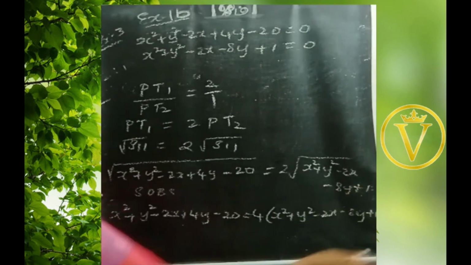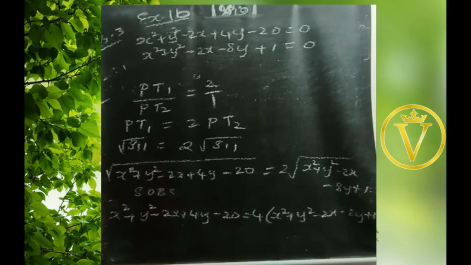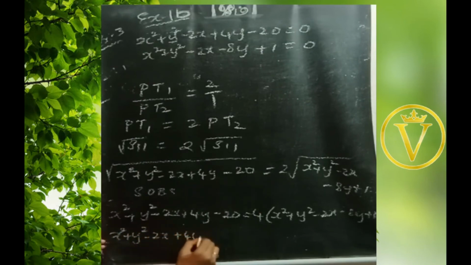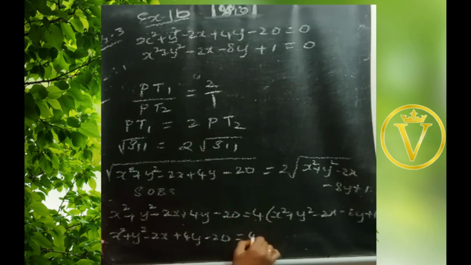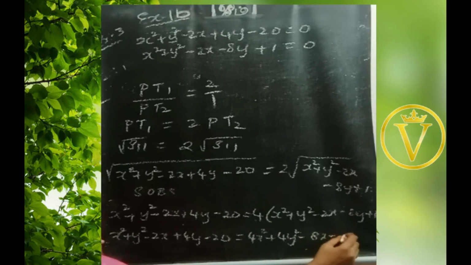Now multiply this by 4. Here there is no term, 1 is there, so 1 into everything is that only. 4x square plus 4y square minus 8x minus 2y plus 1.